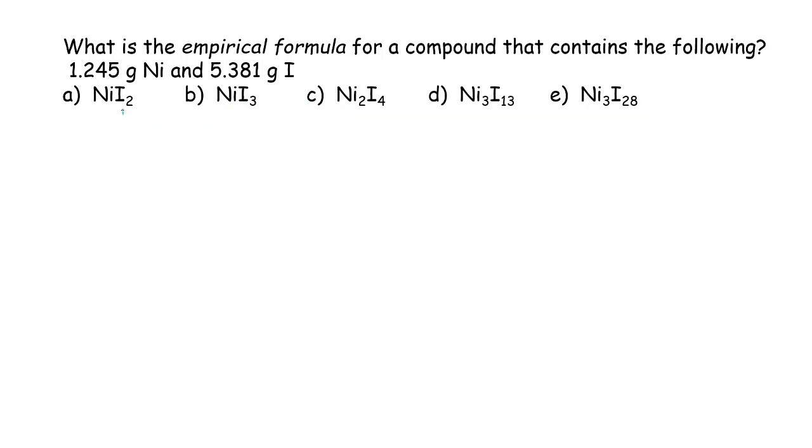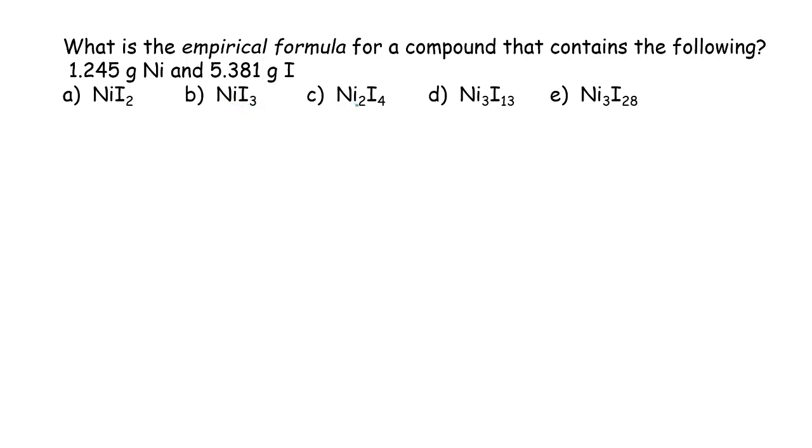Let's say here A is 1 to 2, so Ni to I, that's a smallest whole number ratio. That could be the correct answer, but not necessarily it is the correct answer. So on B, that's 1 to 3, that could also be.